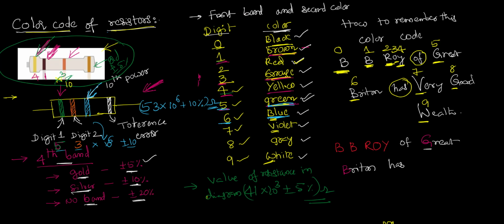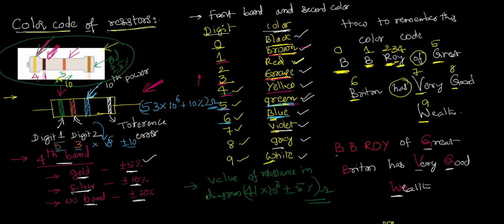Has has no significance. Very, I am writing non-significant words with the white colors so that it becomes easy for you to identify. This V represents violet, then very good, where this G represents grey, and finally wealth, where W represents white.